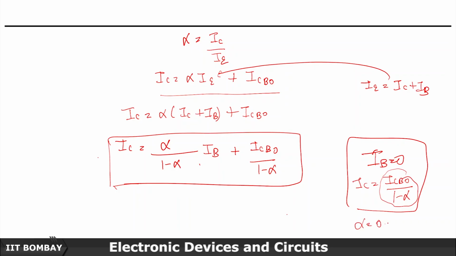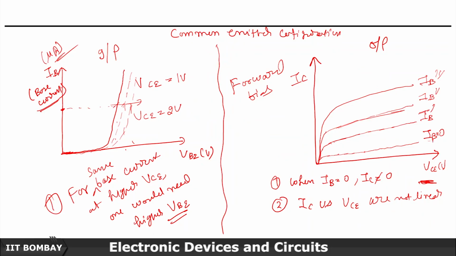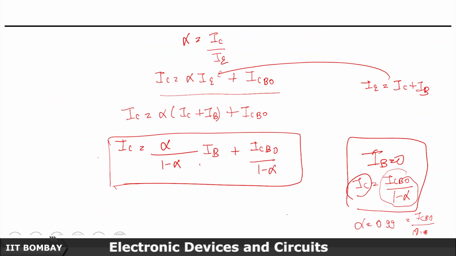Let's say if alpha is 0.99, this term would be ICBO divided by 0.01, and this number can be significantly higher. So IC can be higher. So this explains why, when IB is equal to 0, there is some significant IC current, which is not the case in a common base configuration.